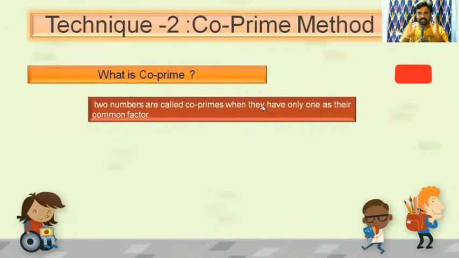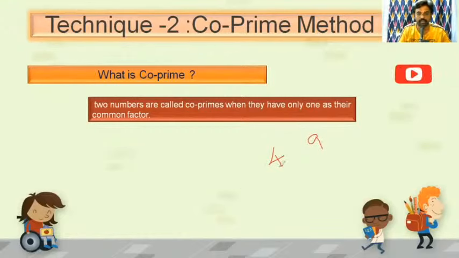See, my dear friends, if you take two numbers, and they don't have any factor except one as their common factor, then we can consider them as co-prime. For example, I'm taking 4 comma 9.